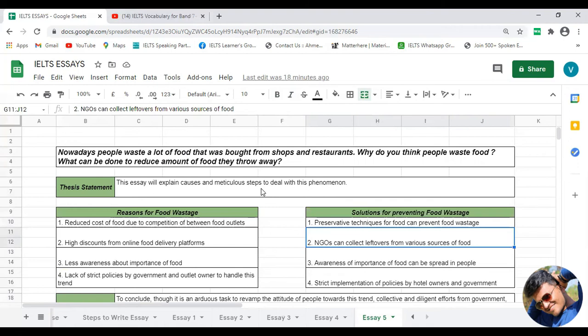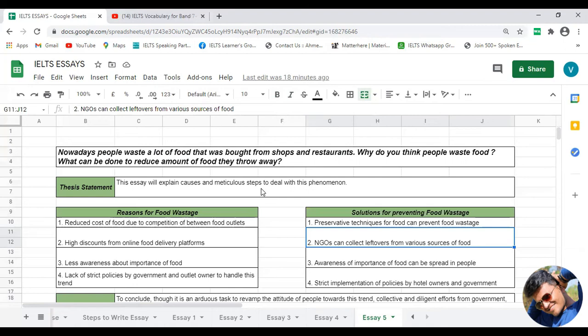And the last solution, according to me, is that some NGOs can initiate actions in which they collect the leftovers from various food outlets. And if it is really possible, then they can also collect the leftover food from individuals' homes. It means the food which has been left at that particular place.